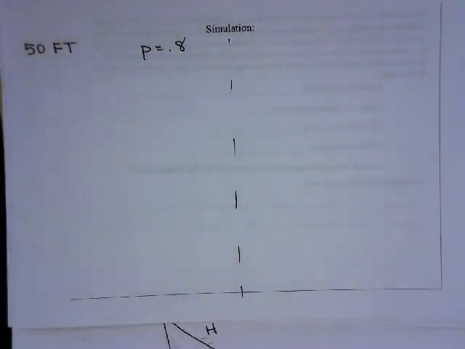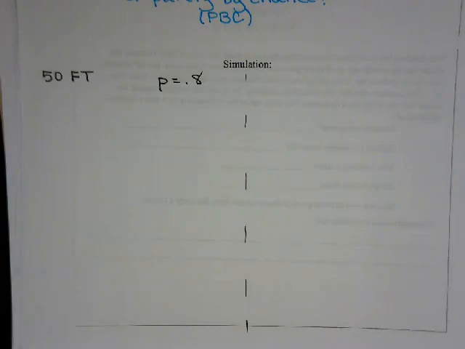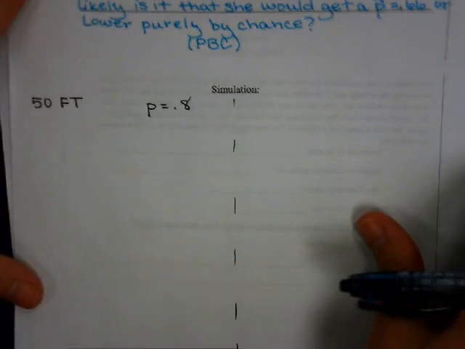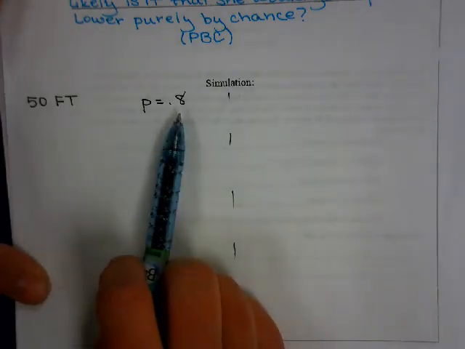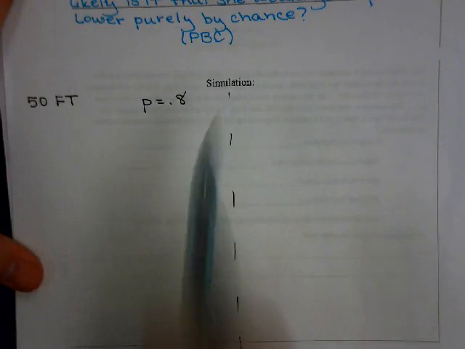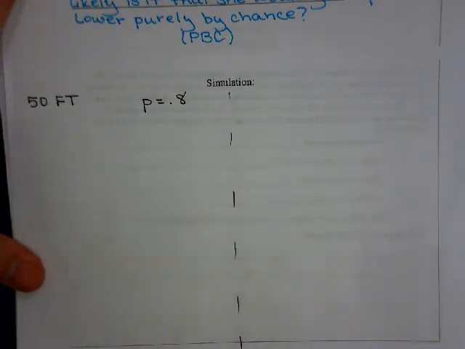So we're going to use our random digit generator, which means that we have to specify what numbers mean she makes the shot and which numbers mean she doesn't. So if she's an 80% free throw shooter, we could use the numbers 0 through 9, because that's 10 numbers, right? And we're going to say 8 of them mean she makes it, and 2 of them mean she doesn't make it. Everybody okay with that?